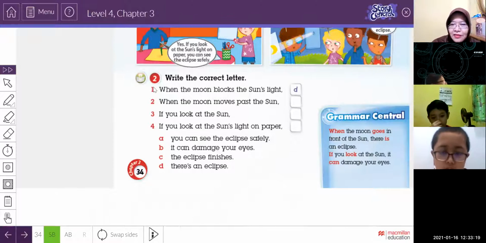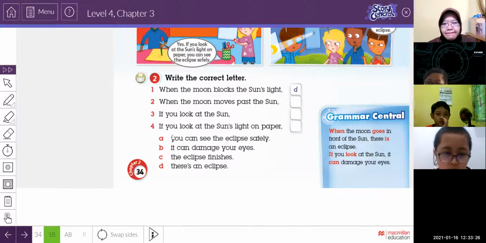I'm going to ask you to do activity 2. Please match the numbers with the letters.